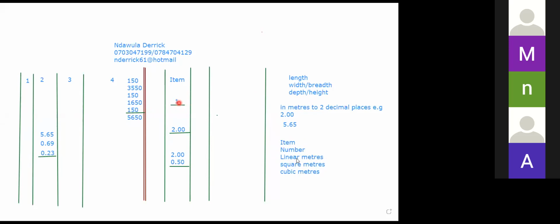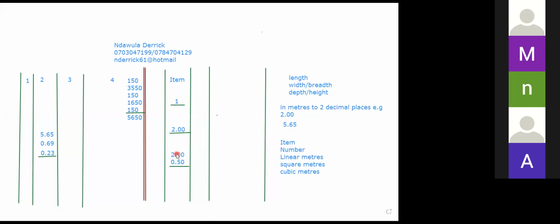And then we have linear meters. For linear meters, we say anything in meters, write 2 decimal places, right? If you find you have only one figure, like 1 level, that is linear meters, it's just length.